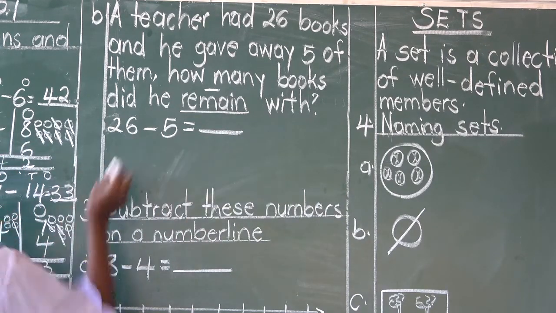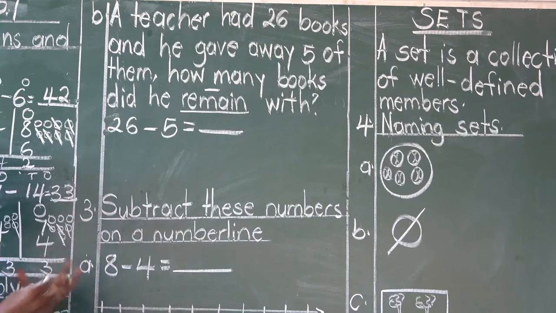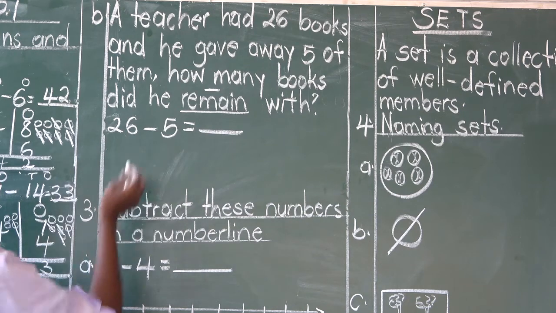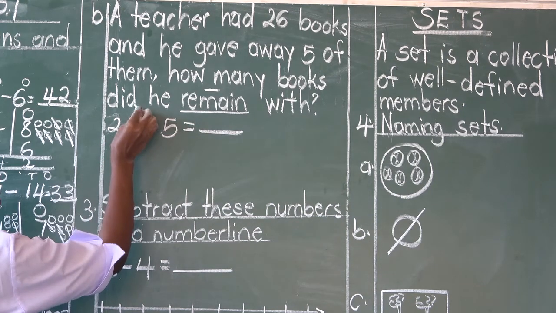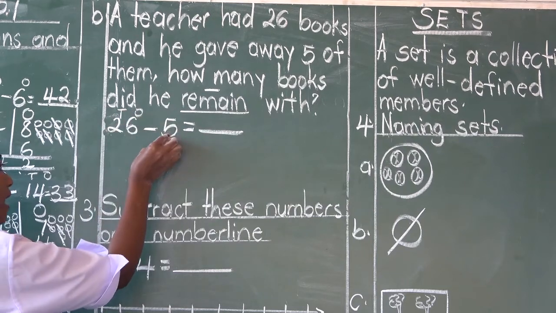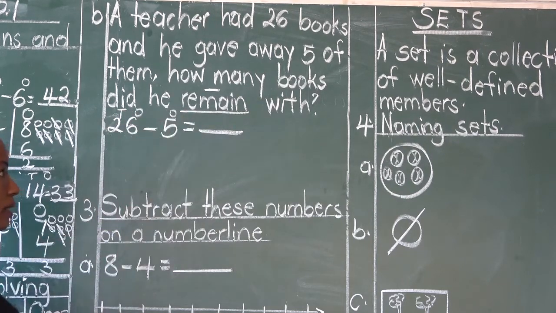Still, this one might be too big to draw 26 balls. What we are going to do still, we are going to rearrange these according to the place values. This is 26, under ones, under tens. Here we have 5. It is under 1 because it's just 1 digit, having that place value of 1, because that's where we start from.